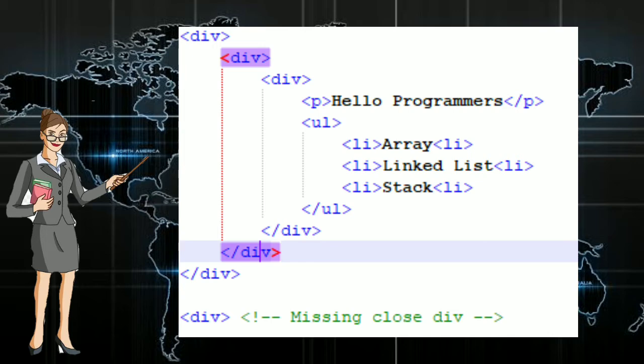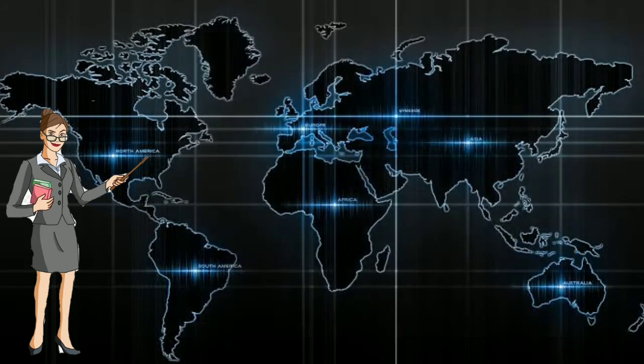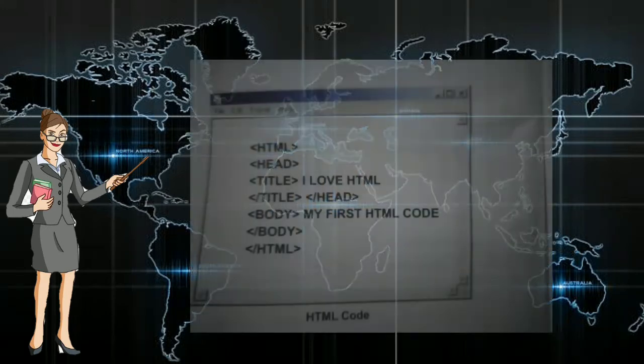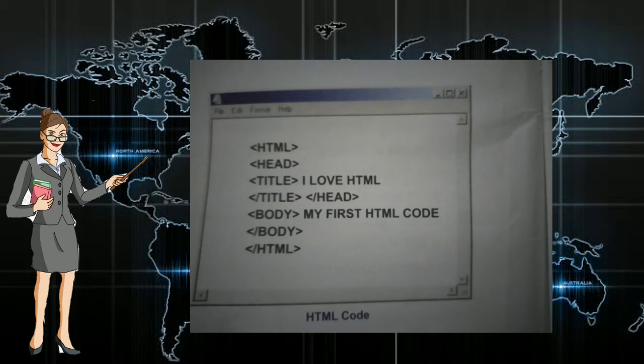And students, when you start to write HTML coding in Notepad, some important tags you should write. They are first, HTML. It means it creates an HTML document. Second, head. It means it contains the title of the web page and other information that is to be displayed on the web page.